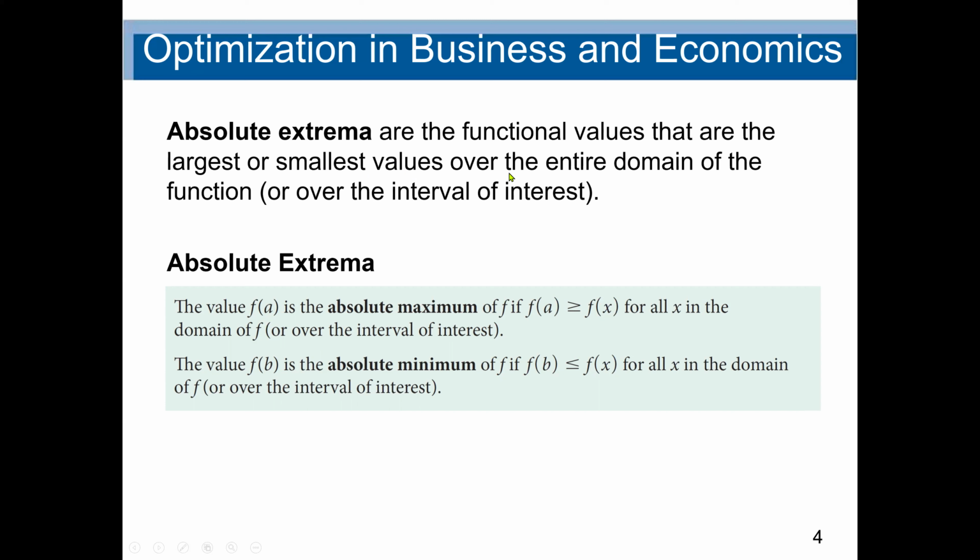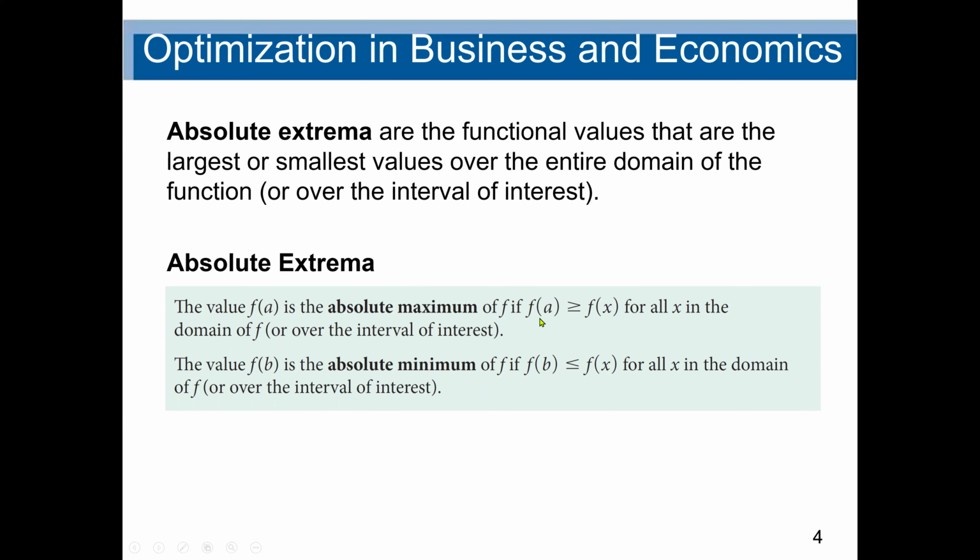So even if we have 100 curves, we're going to have only one absolute minimum and one absolute maximum. The definition here is almost the same as relative maximum and minimum. The difference is that absolute means the highest or the largest, the lowest.